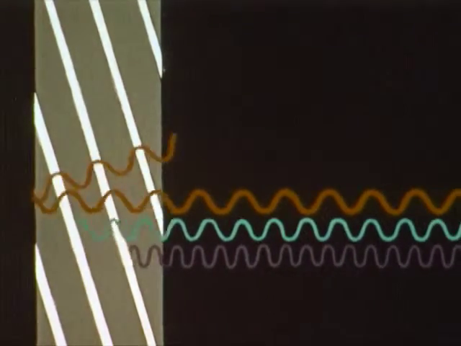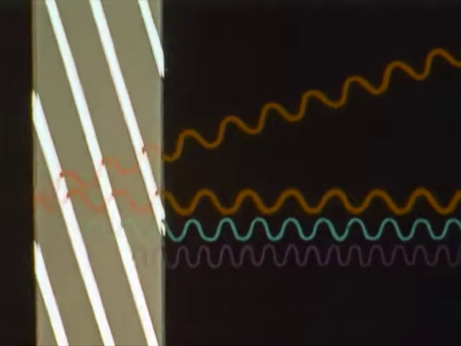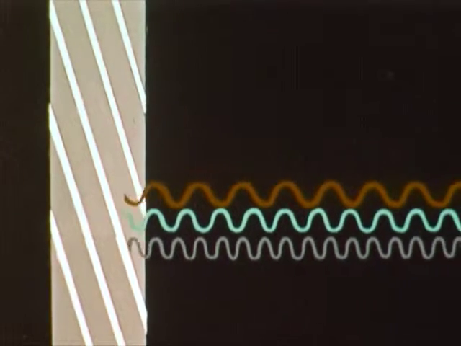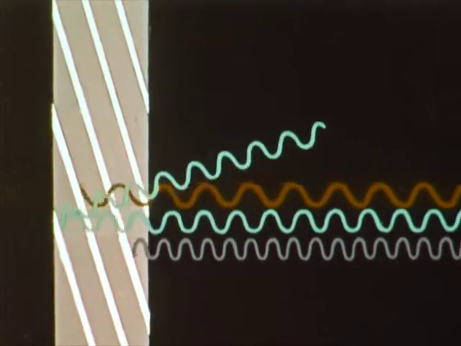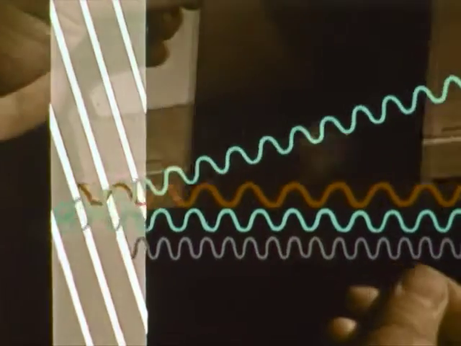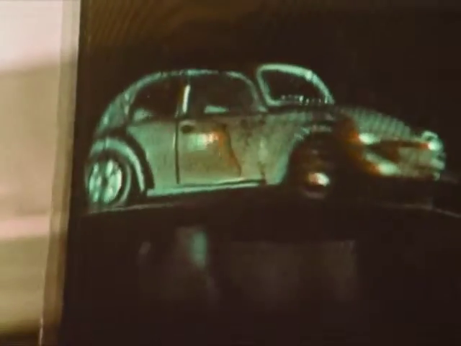The mirror planes are spaced to reinforce only the wavelength used to make the hologram. Because the film shrinks in processing, the green color of shorter wavelength is reinforced rather than the red. Here is another white light hologram.